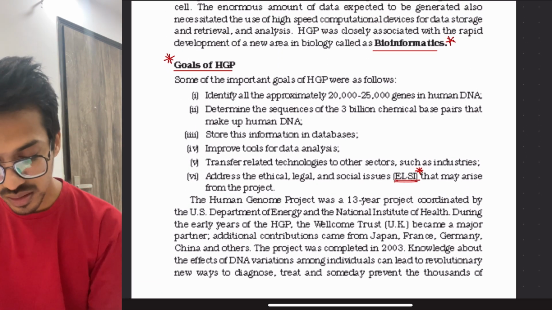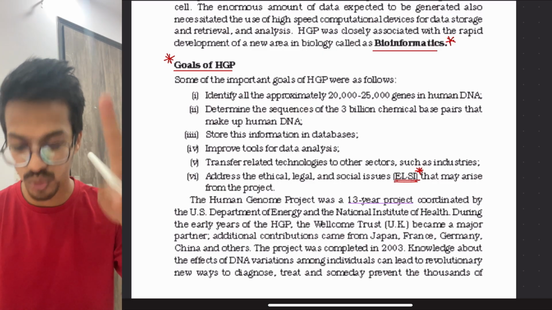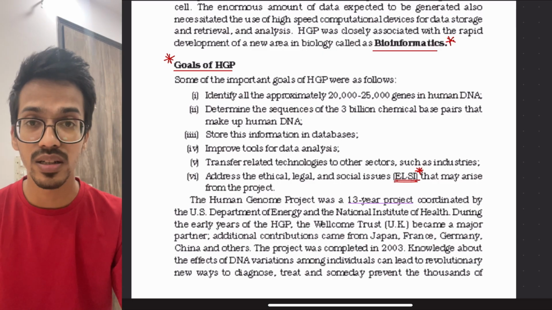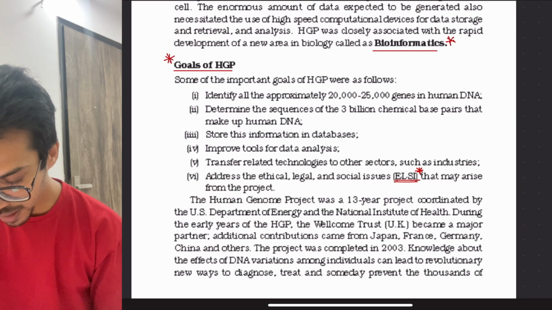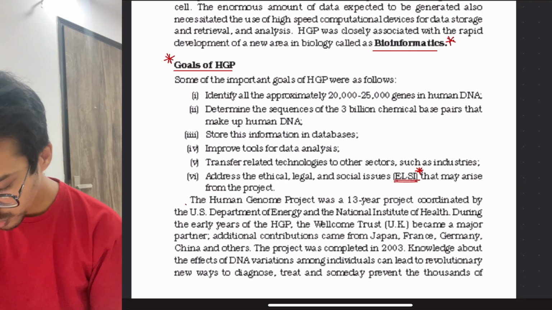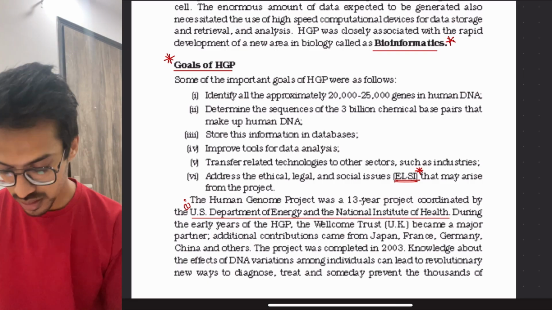Now this is a 13-year-long project, and it was done by multiple partners, so you have to remember the names. First is the US Department of Energy and the National Institute of Health.